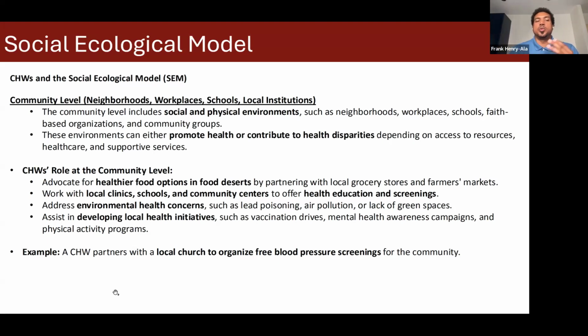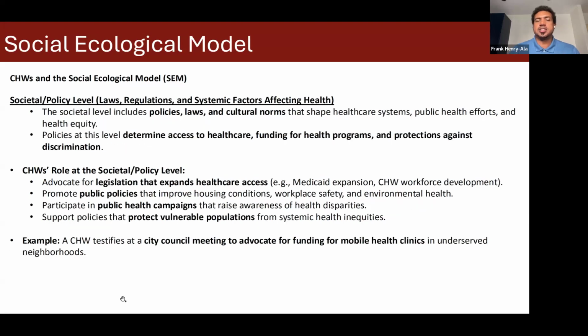So the CHW's role would be to advocate for healthier food options in food deserts, work with local clinics, schools, and community centers, address environmental health concerns, and assist in developing local health initiatives. An example would be a CHW partnering with a local church to organize free blood pressure screenings for the community.